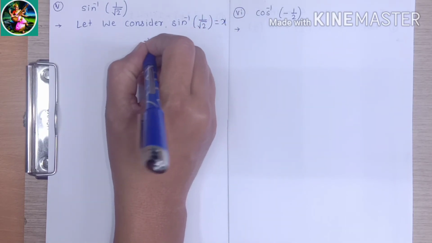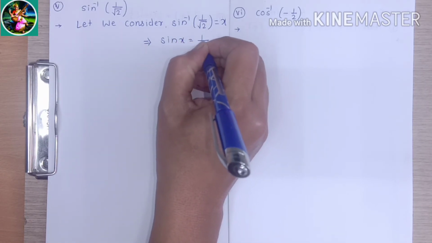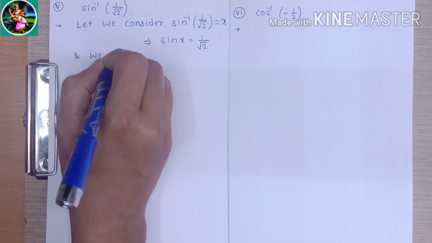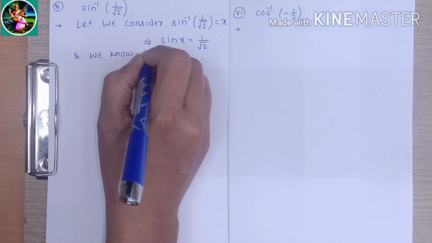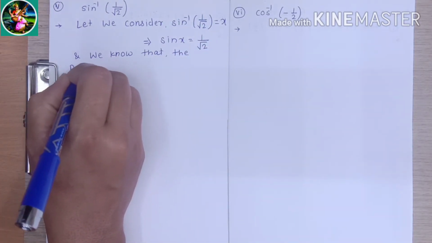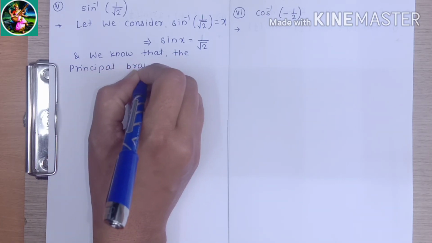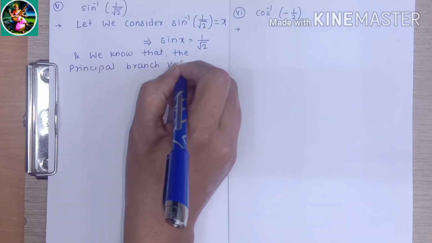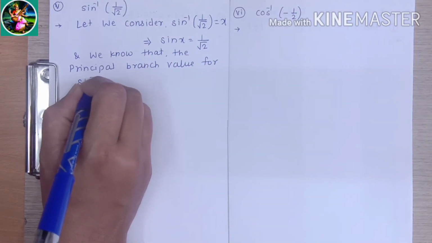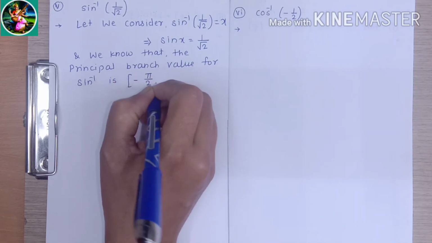It will imply that sin x is equal to 1 upon root 2, and we know that the principal branch value for sine inverse is the closed interval minus pi by 2 to pi by 2.